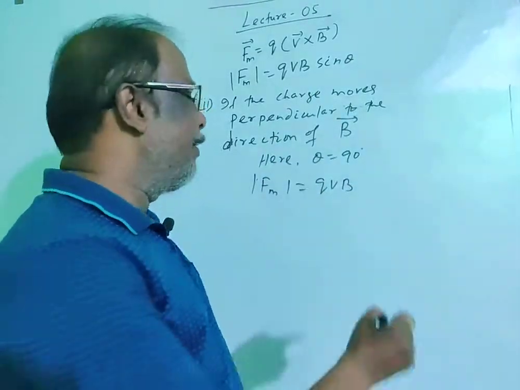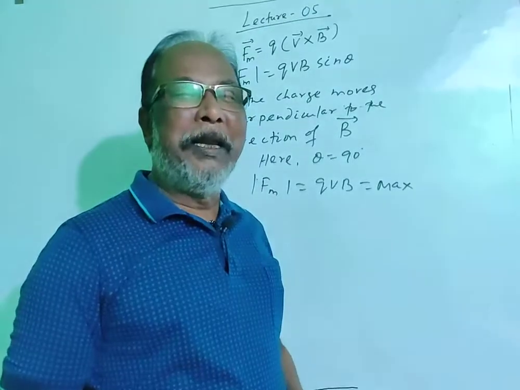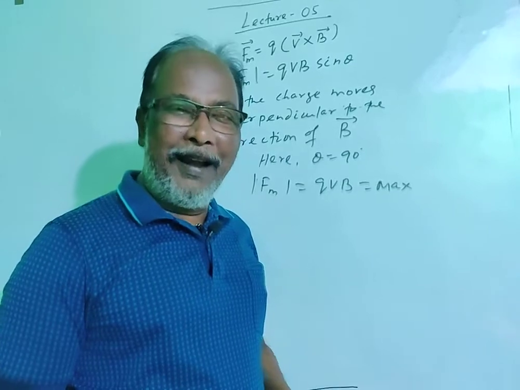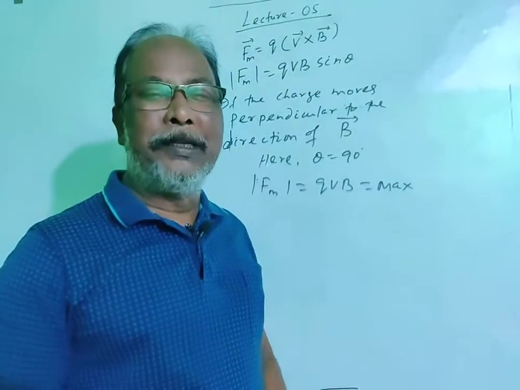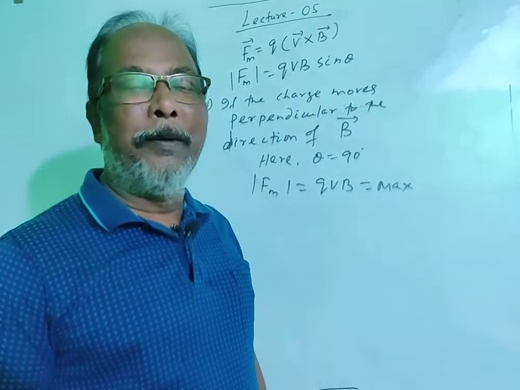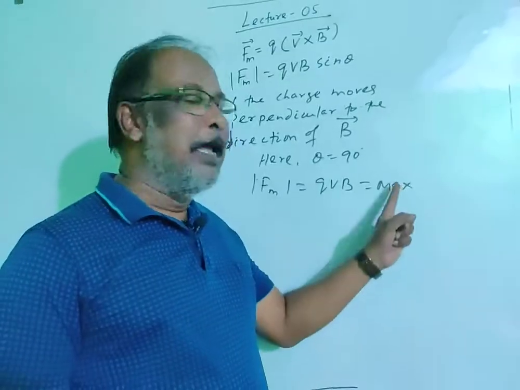Sin 90 is 1 and this force is maximum. So if the charged particle moves either parallel or anti-parallel to the direction of magnetic field, then force is 0 or magnitude of force is minimum. If the charged particle moves perpendicular to the magnetic field, then magnitude of force is maximum.